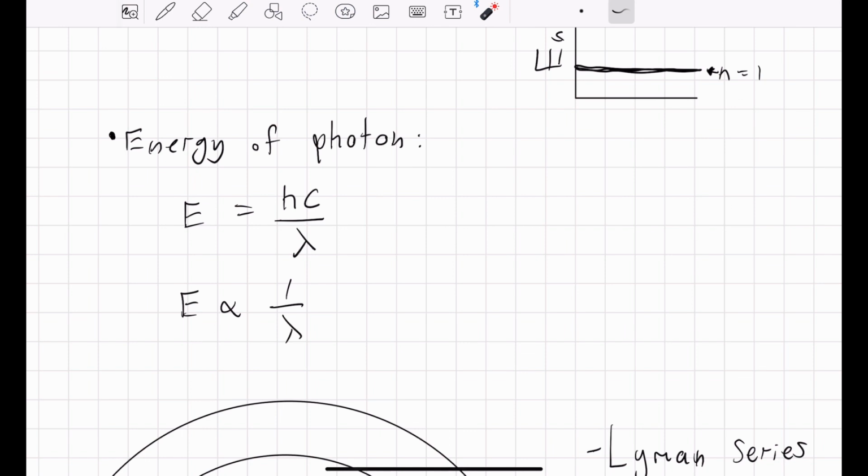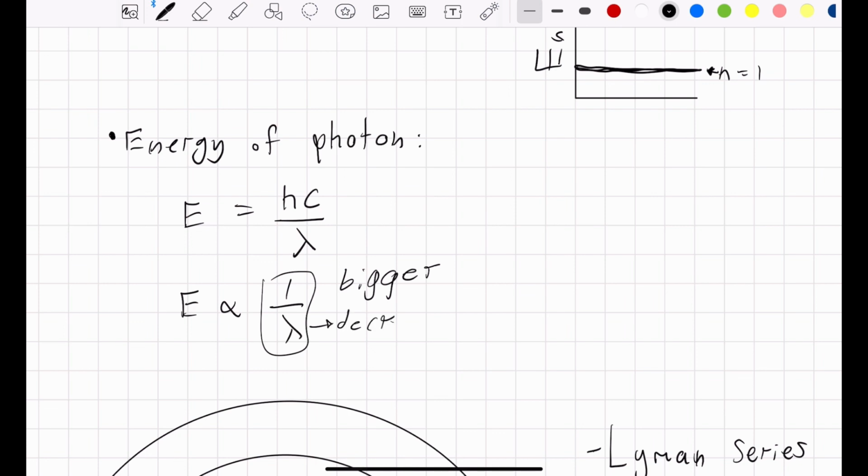What you really need to get out of this is that energy is inversely proportional to the wavelength of the photon. And so what this means is that if the wavelength decreases, this bottom term becomes smaller and the entire term becomes bigger. And vice versa. So it becomes smaller if the wavelength increases because the entire term becomes smaller.